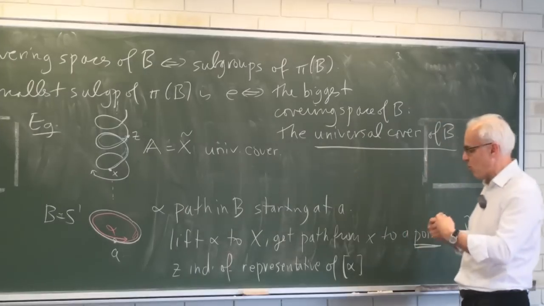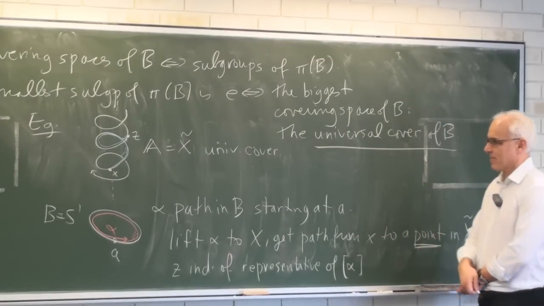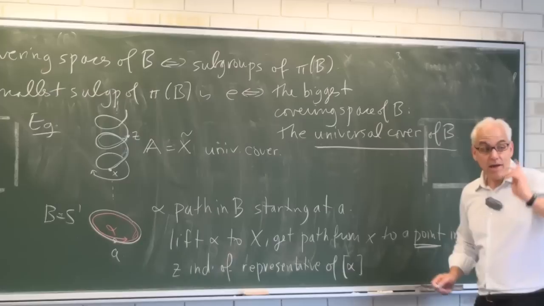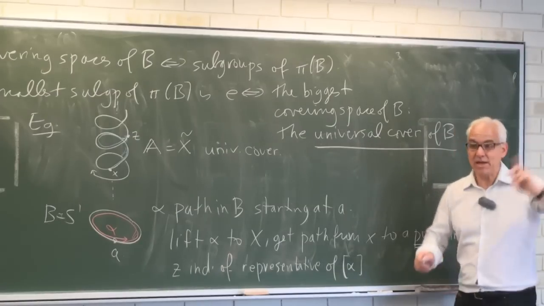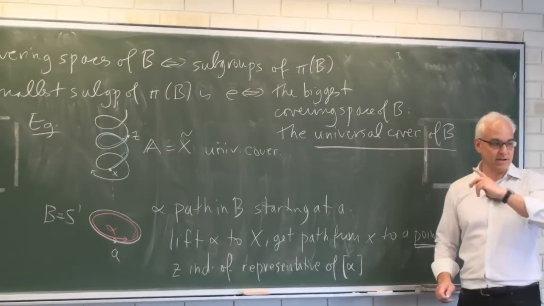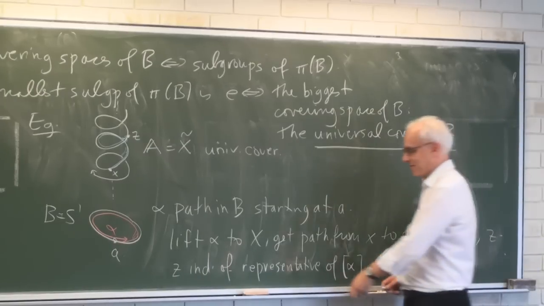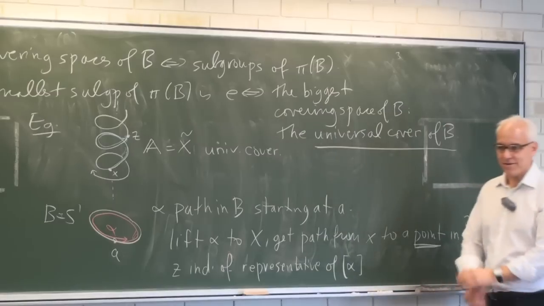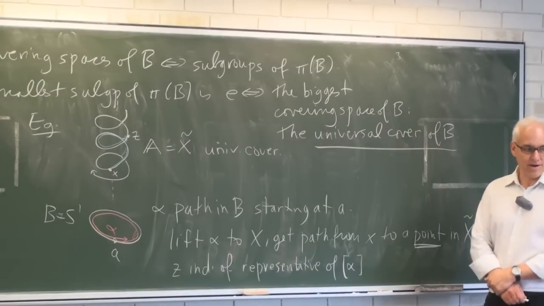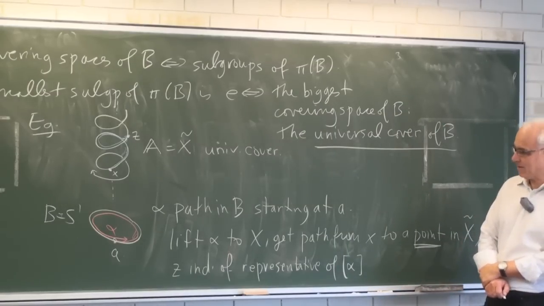It only depends on the homotopy class of alpha. That means we can think about Z as being the homotopy class of alpha. This is a kind of simple-minded idea.